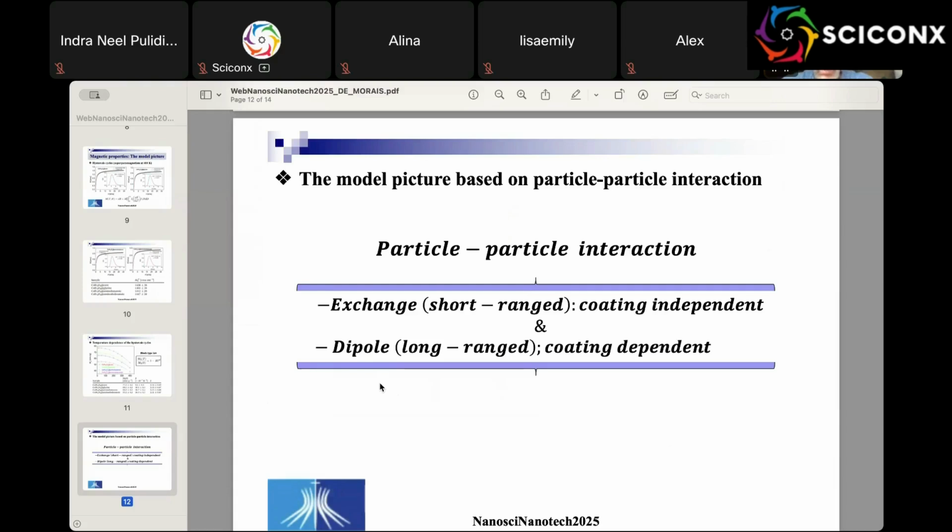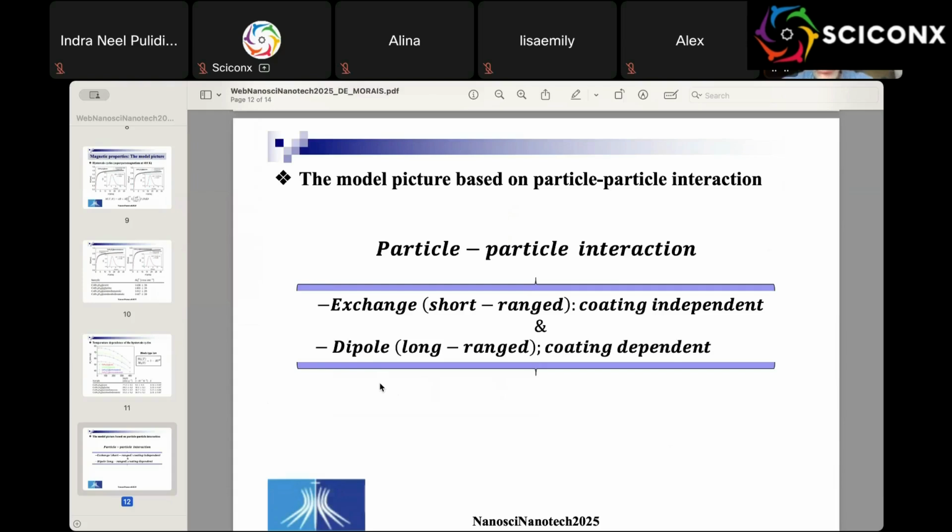But the second mechanism for particle-particle interaction, which is the dipole-dipole interaction, is long range, and that depends on the coating thickness. And that is the explanation for the systematic reduction of the saturation magnetization at 0K as you go across the 5 different coatings we performed.